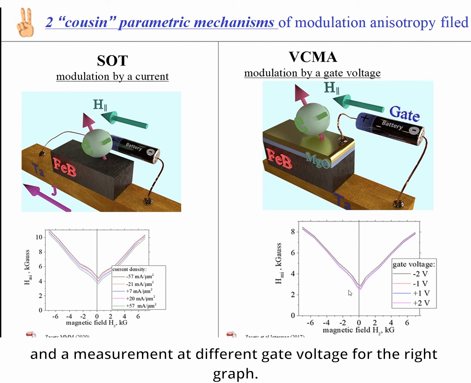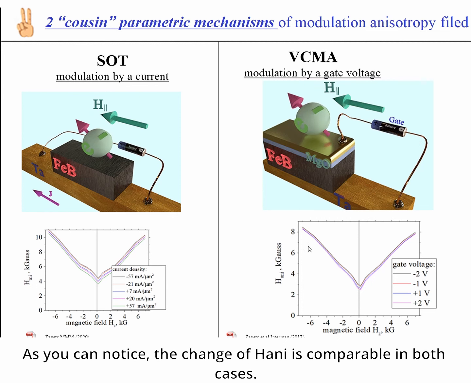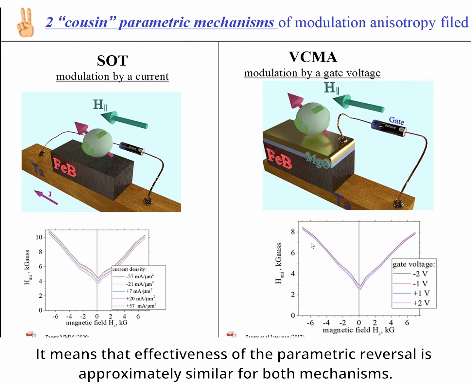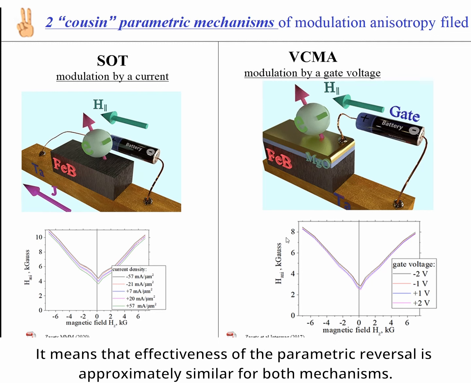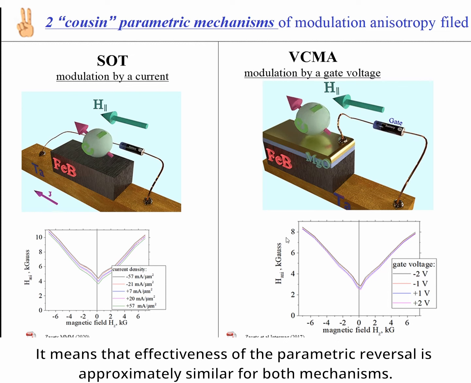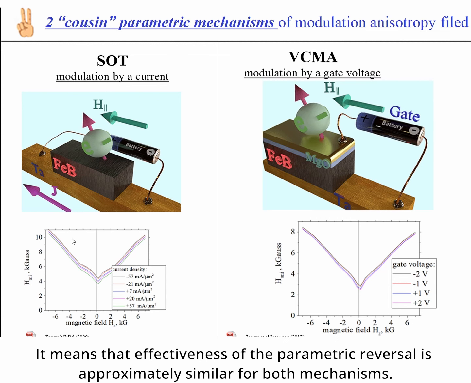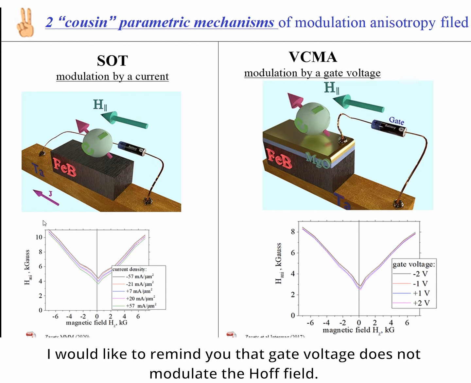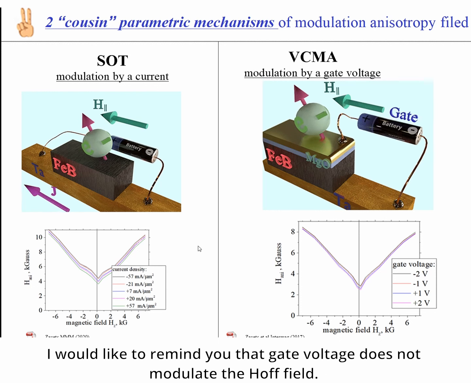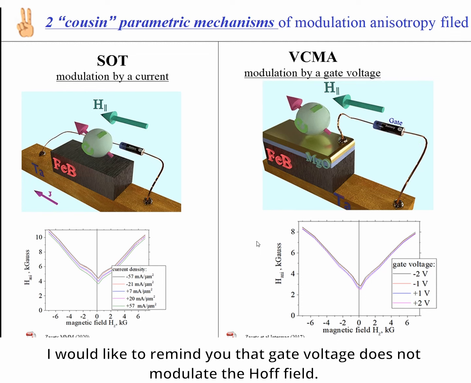As you can notice, the change of anisotropy field is comparable for both cases. It means that the effectiveness of parametric reversal is approximately similar for both mechanisms.